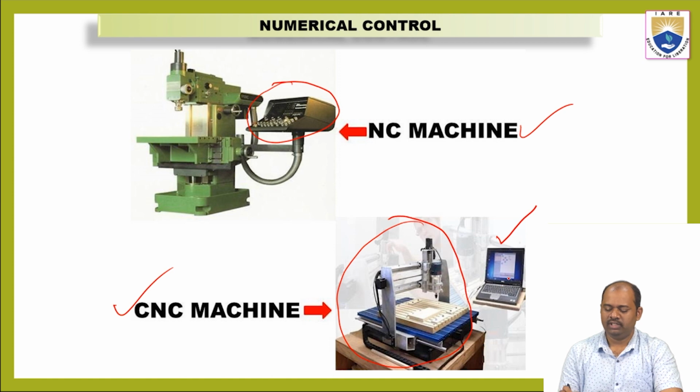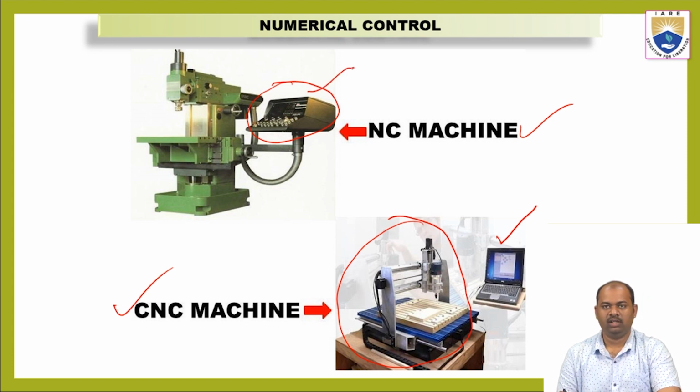So the advantage of this CNC machine is, we can change the program here itself. What happens in the numerical control system is, we have to go to a computer where we write the code, then we bring the code and give it into the numerical control system.